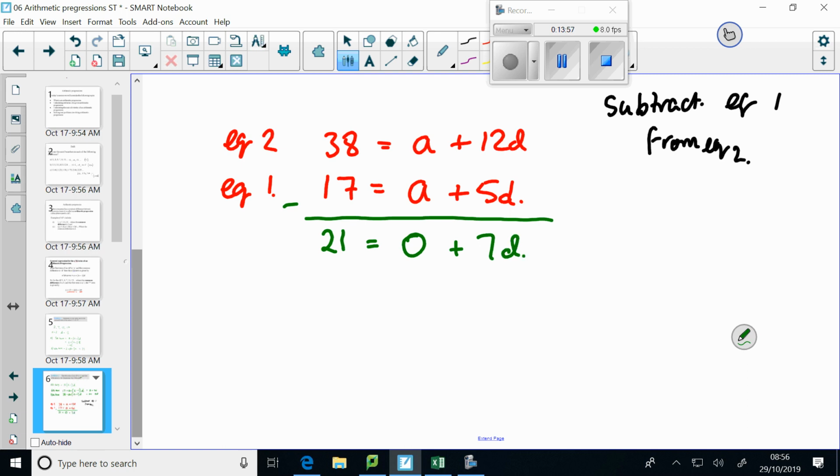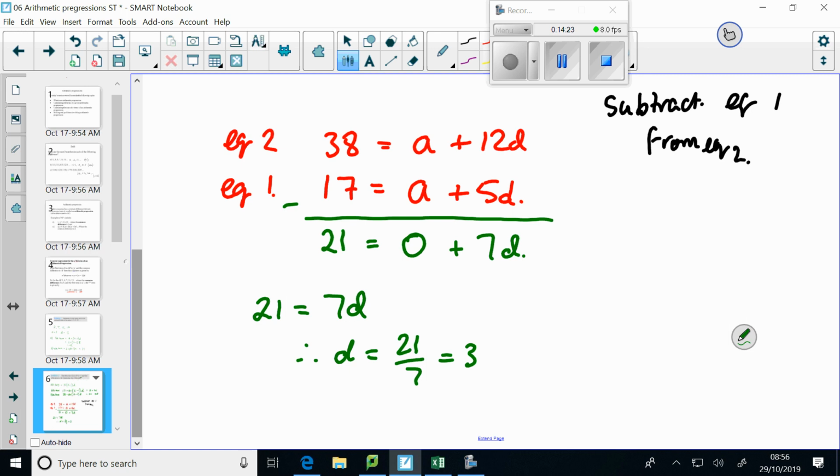So I've got now 21 is equal to 7d. I've only got one variable. So I can go, therefore, d is equal to 21 over 7 equals 3.